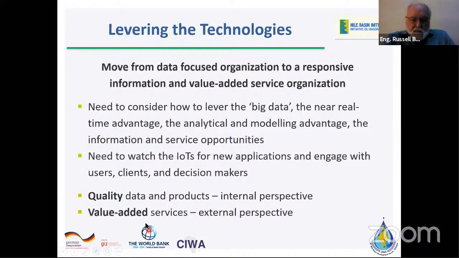We never think about the value added services, but the value added services are an external perspective. It's the users, clients, and decision makers that realize the value added of your services. And these are the people, this user community, this client community, the decision makers, that are going to assist you in sustaining your data programs and producing good quality data and products.